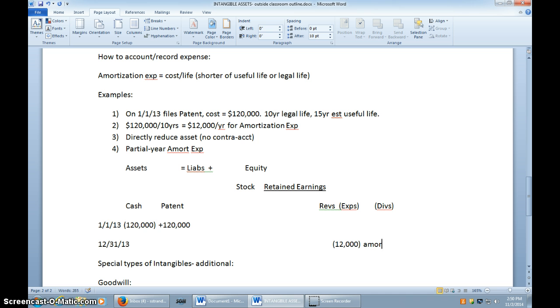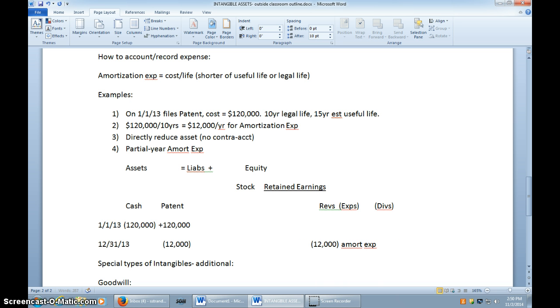There it is right there. Amortization expense. It'll be listed on an income statement with our many other expenses, wage expense, rent expense, or depreciation expense, those types of things. And instead of having to use a contra account, as I mentioned, we can directly reduce the asset, which makes it oh so much easier.